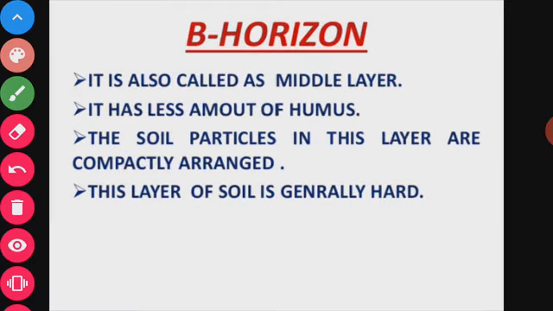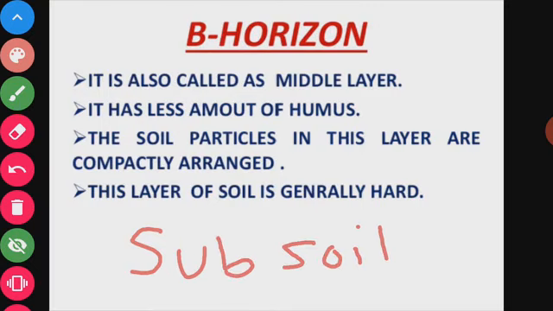Now the B horizon. The B horizon is also called subsoil. The A horizon is called topsoil and the B horizon is called subsoil. The B horizon contains completely packed fine particles.